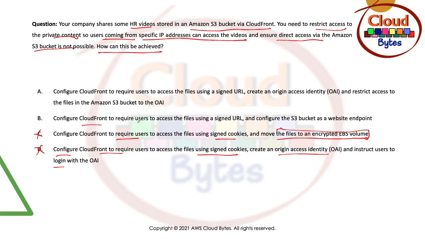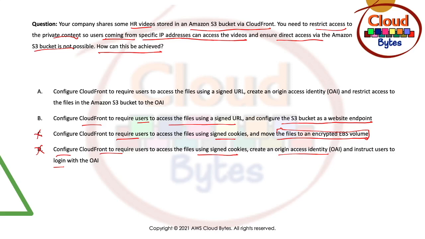Configure CloudFront to require users to access the file using a signed URL, and configure an S3 bucket as a website endpoint. A signed URL includes additional information such as an expiration date and time that gives you more control over the access to your content.